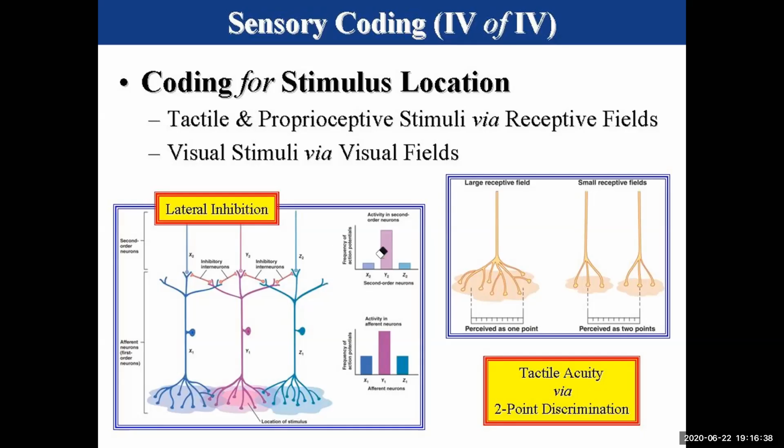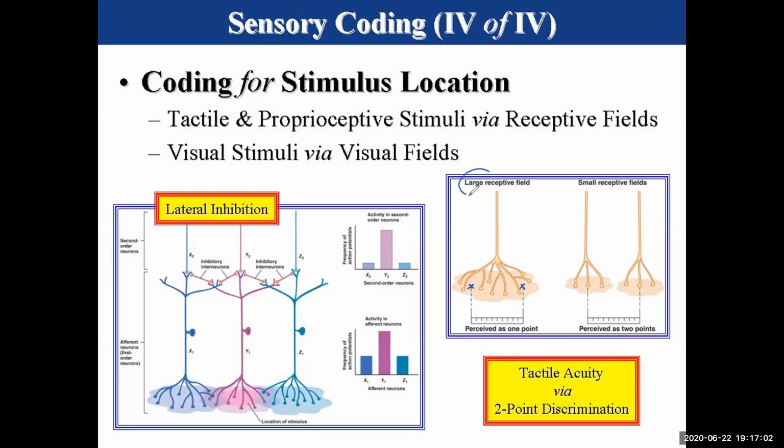And a very similarly related concept is called tactile acuity, or two-point discrimination. So let's say you have two stimuli, one right here and one right here.